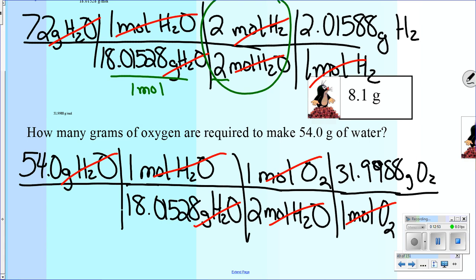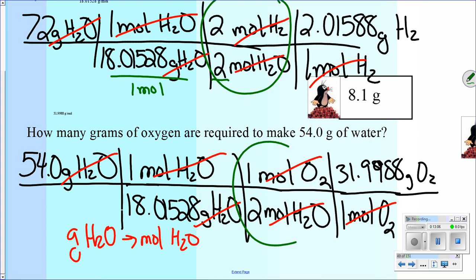In our next one right here, we start with that conversion where we go grams of H2O into moles of H2O. This step right here allows us to go from moles of H2O to moles of O2 using my reaction.